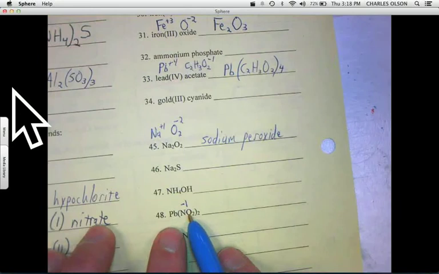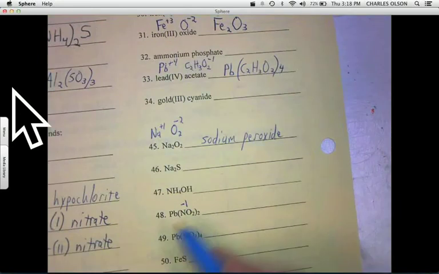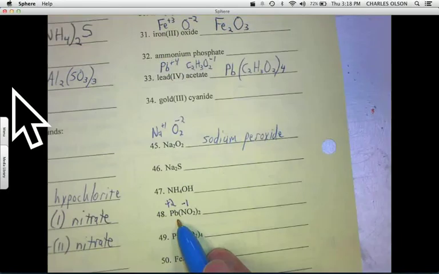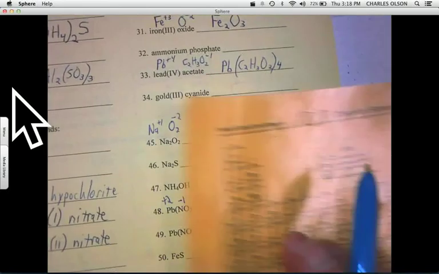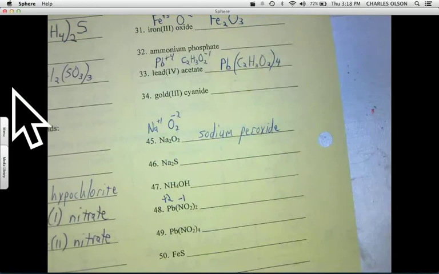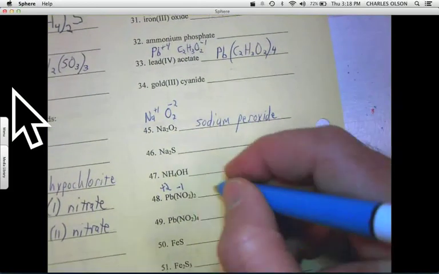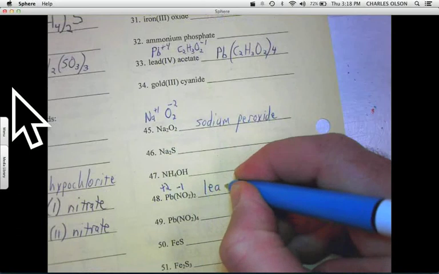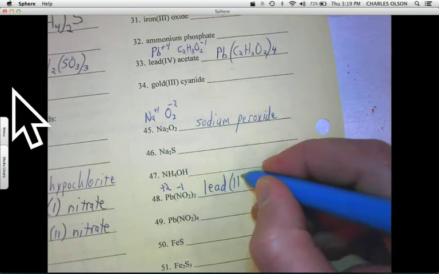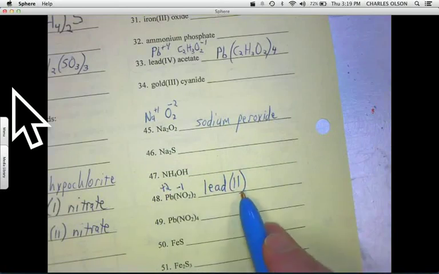With two -1s, the lead must have a +2 charge. And once again, lead is one of those metals that needs Roman numerals. The Roman numeral gives the charge, so that would be lead 2 nitrite.